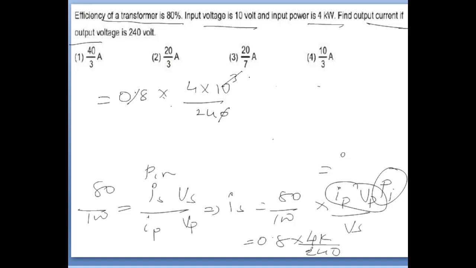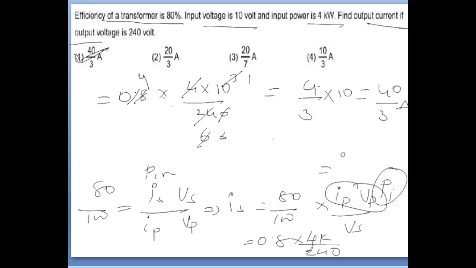Here 10 power 3 is there, so the remaining 1 will be there. 6 times 4 is 24, and this will be 4 by 3. I hope you understand. 4 by 3 into 10 power 1 into 10, which means 40 by 3 ampere is your current. First option is correct. Hope you understand this again.